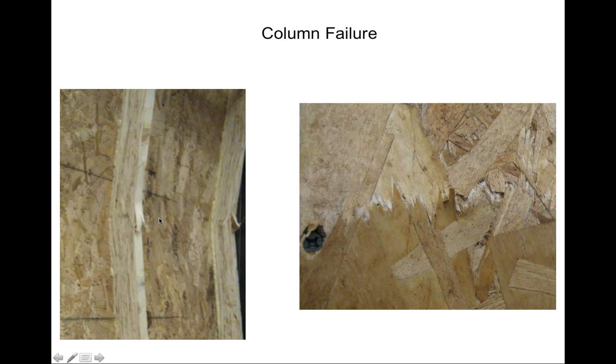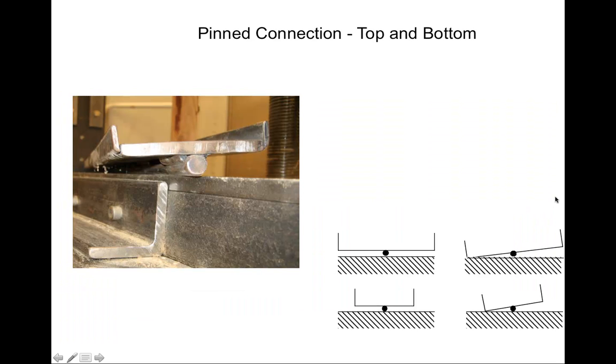But here's showing the columns after buckling. Here's showing how the OSB basically failed in this case. And in order to use the pin connection at the top and bottom, here we have it pin. Here we have the plate that the column basically sat in. Here's the pin's connection so it could rotate.